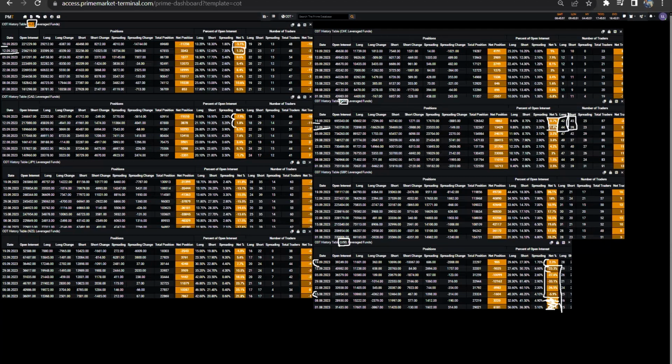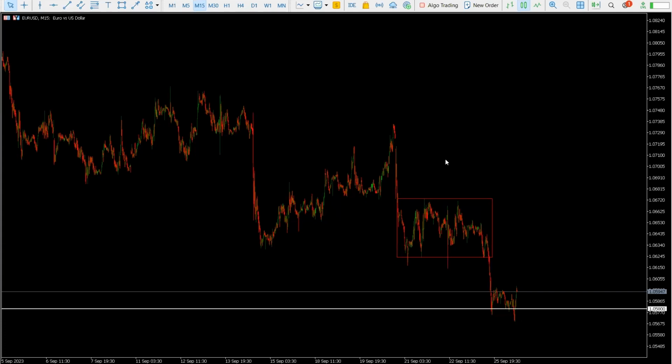So the euro may be going lower than it was previously, and the US dollar may go higher than it was previously. All right, I hope you understood that quickly, on the top of it, not much complex.